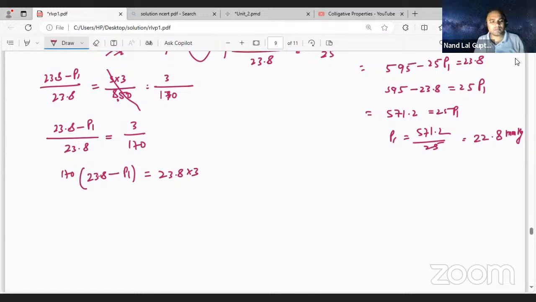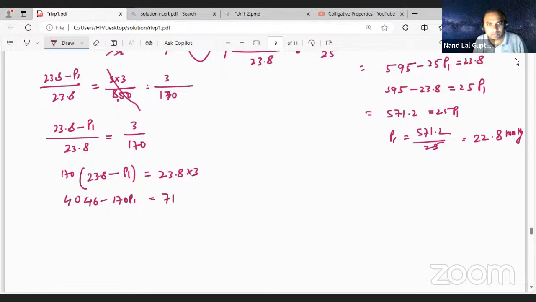Are you getting this? Yes, sir. 23.8 multiplied by 170 is coming 4046 minus 170 P1 is equal to 23.8 multiplied by 3, 71.4.